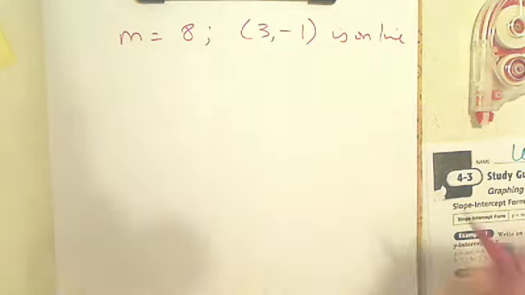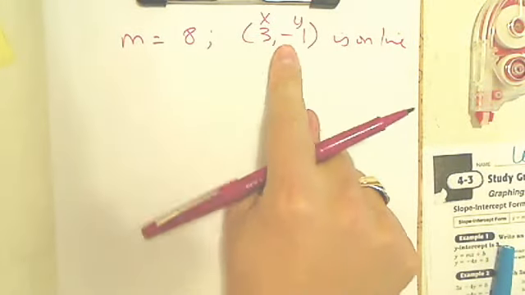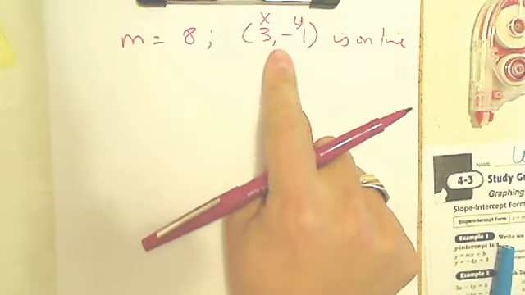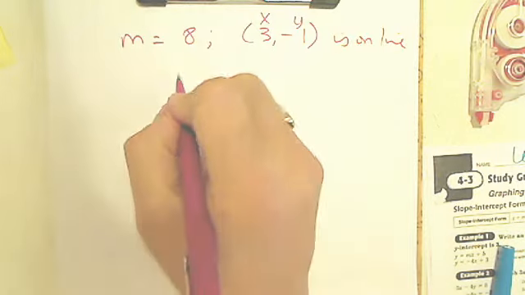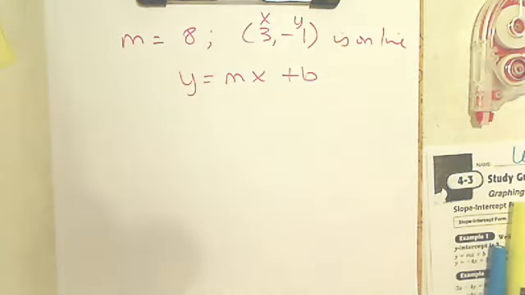First things first, we have x and y. This is not the y-intercept. This is just where the line crosses through. y equals mx plus b.